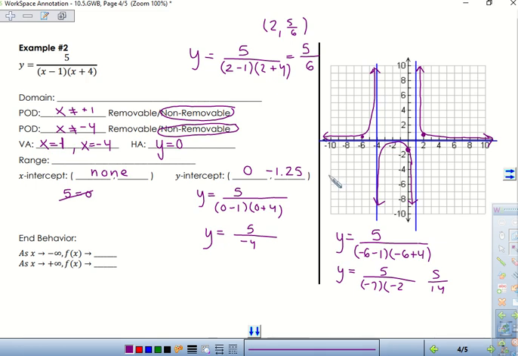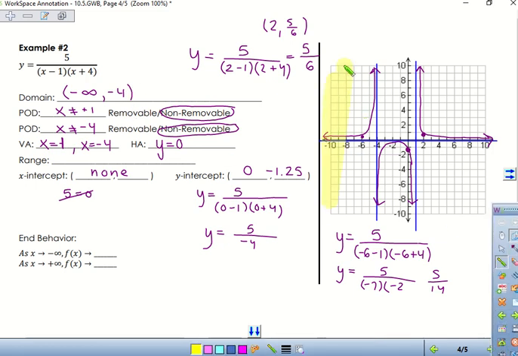Now the domain here is going to be a little bit tricky. There's not only one exclusion on x, there's how many? 2. It's going to be broken up into 3 pieces, though. So maybe that's what you guys were going for. So from -infinity to -4, that's this section of the graph right here. You see that?